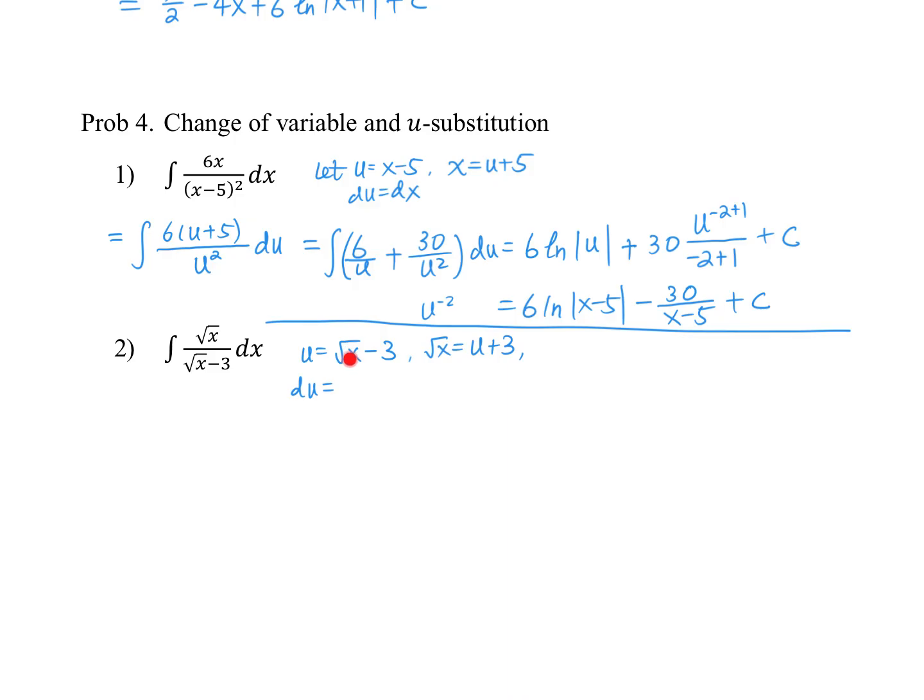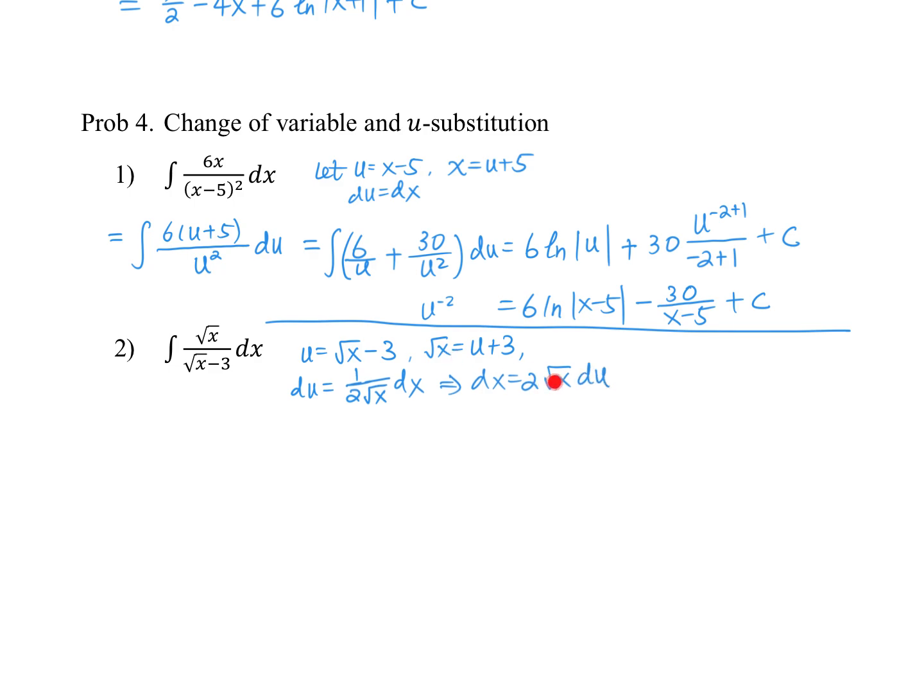We will use the power rule, x to the 1/2, right? So think of this as x to the 1/2. It will be 1/2 times x to the negative 1/2, which means du is 1/2 square root of x dx. This means dx is equal to 2 times square root of x du.